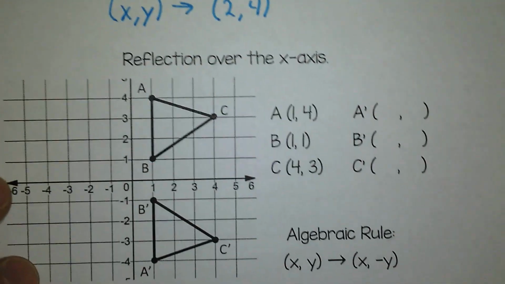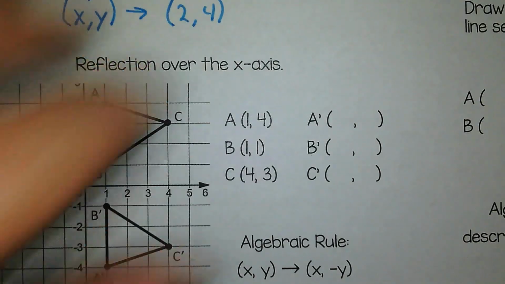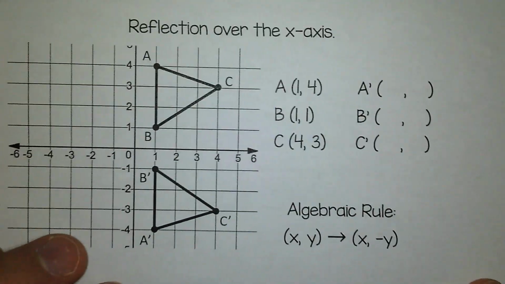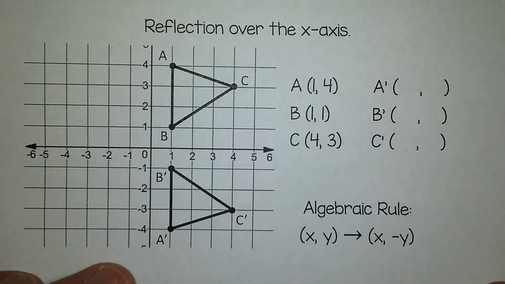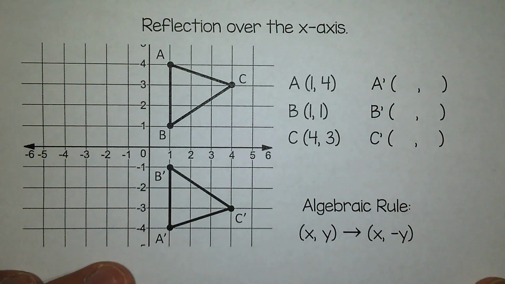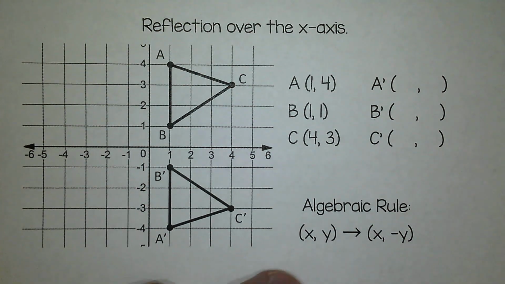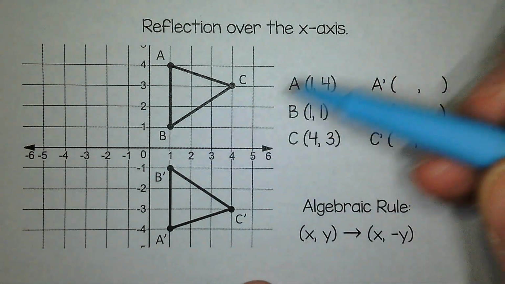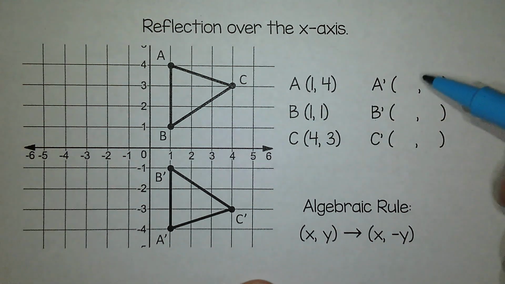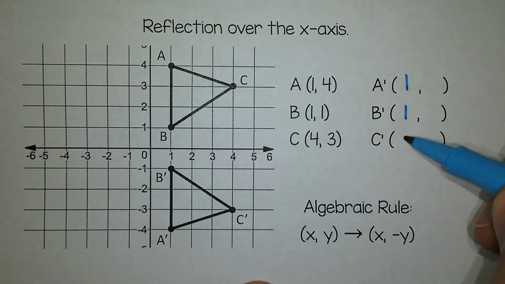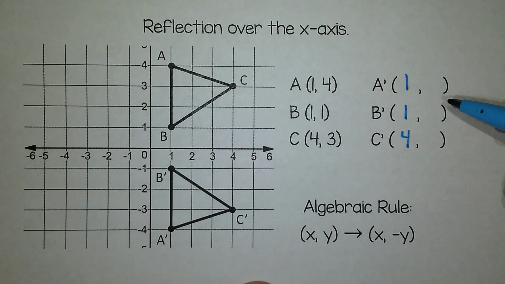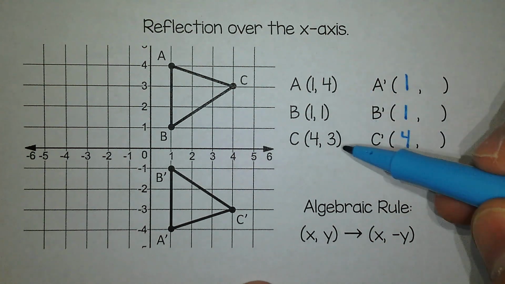If we reflect it over the x-axis, so when we reflect it over the y-axis, we don't change the y. But when we reflect it over the x-axis this time, we don't change the x. So if we don't change the x value, then I can just rewrite the x: 1, 1, and 4. And then the y value is just going to switch signs.